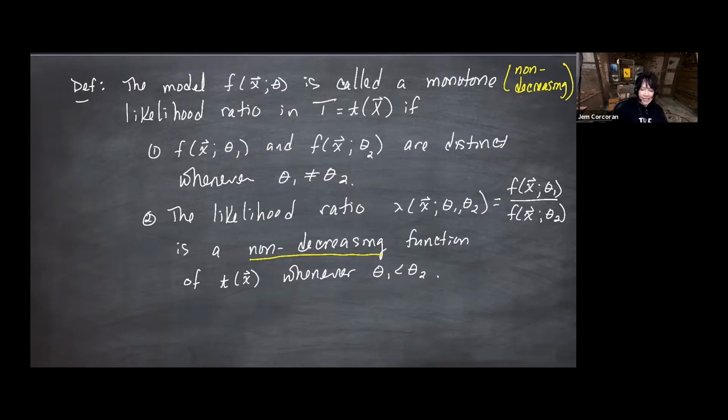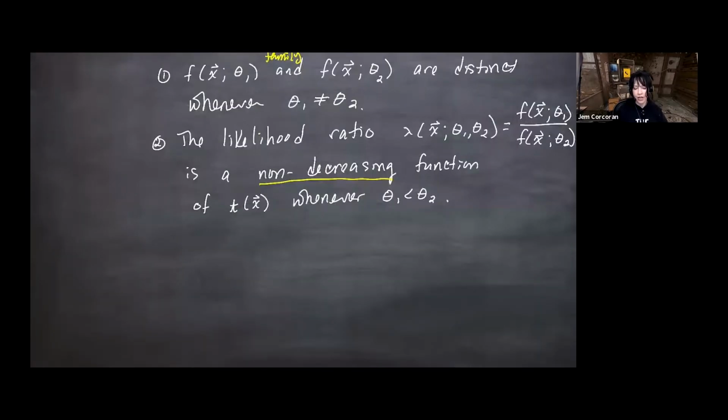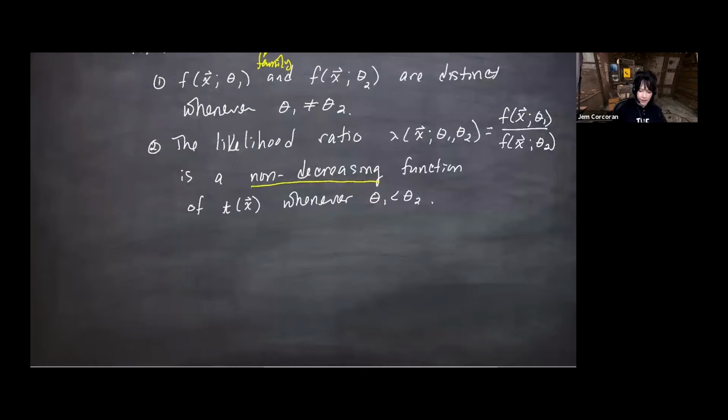And the point is that if you have a distribution and a statistic such that your distribution is a monotone likelihood ratio family in the statistic T, then this looks horrible, but it simplifies. Here's the result that you're going to show.